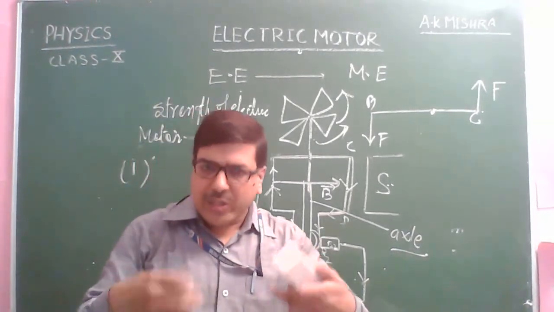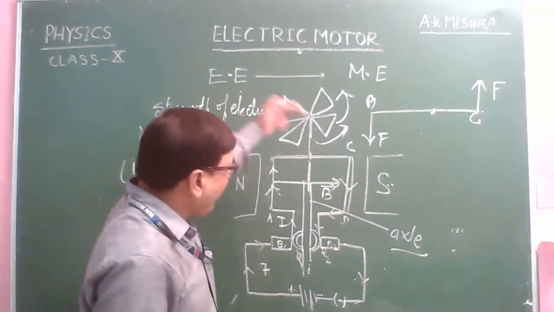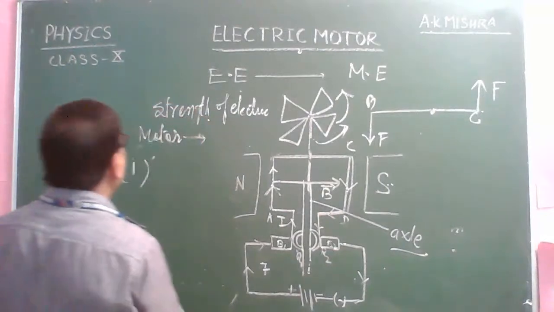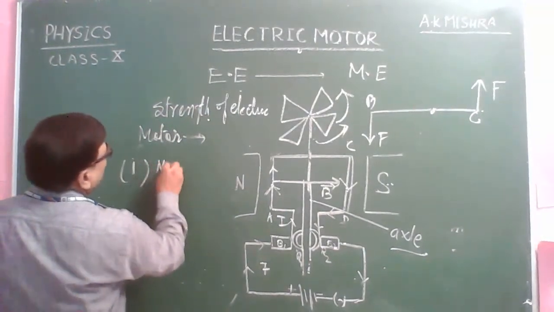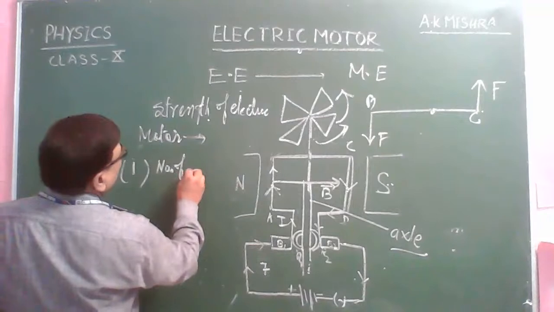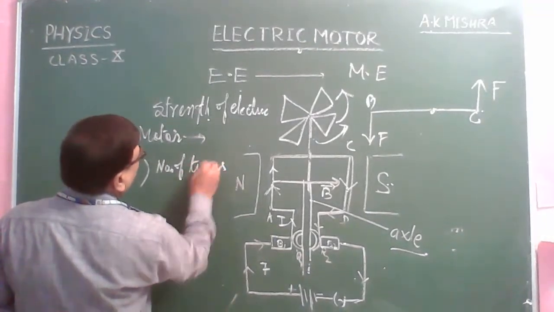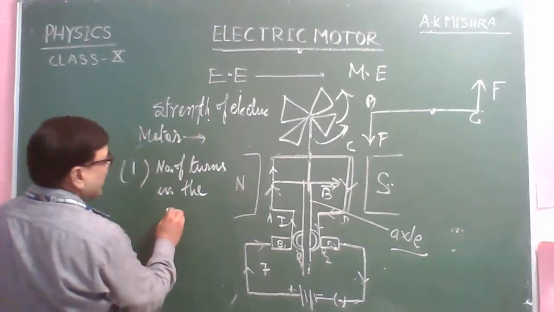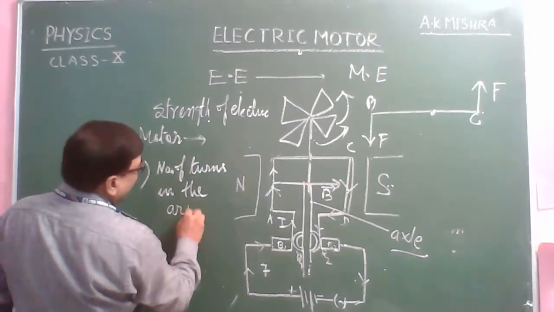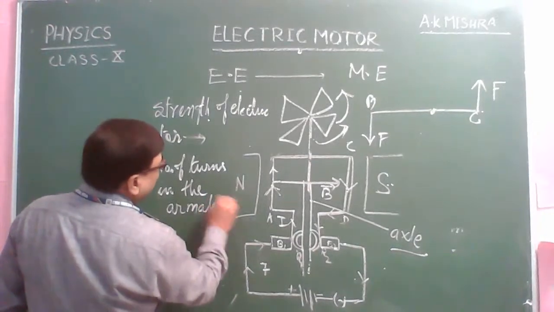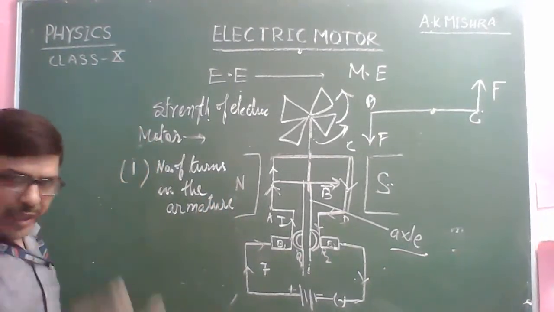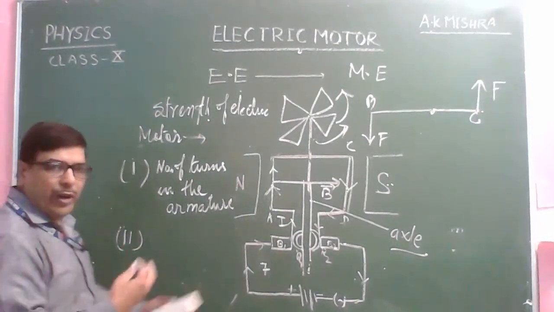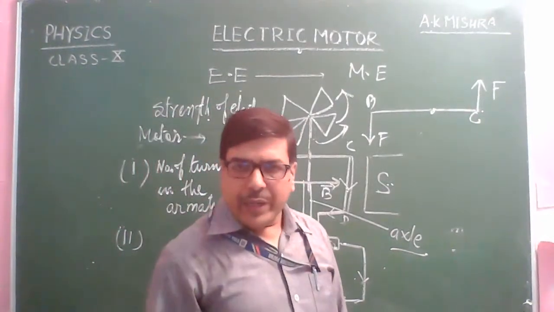If the number of turns increases, the rate of rotation increases. So first, the number of turns in the armature. It increases.